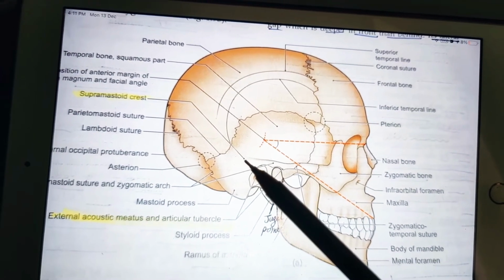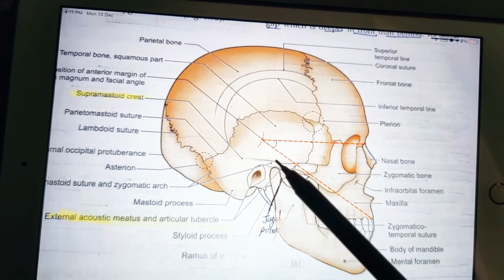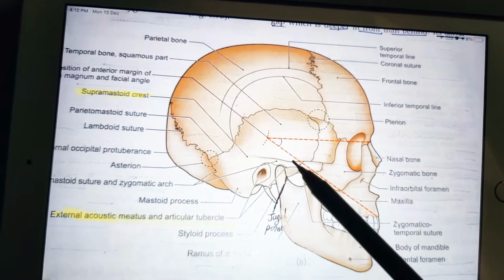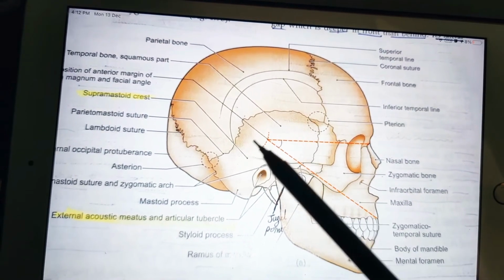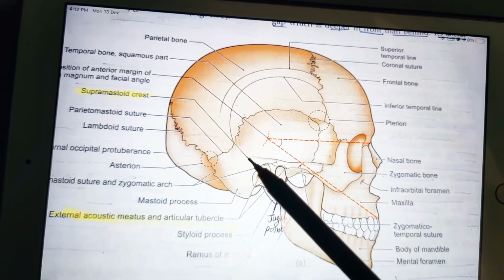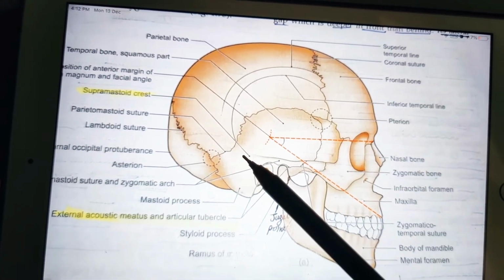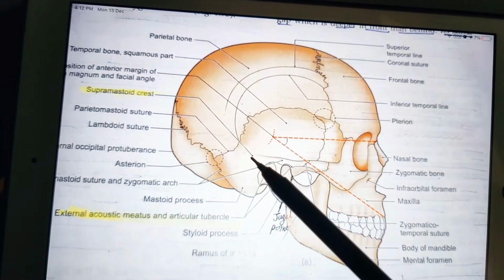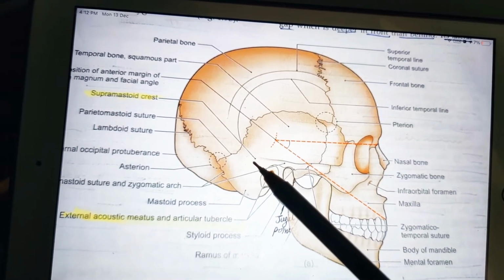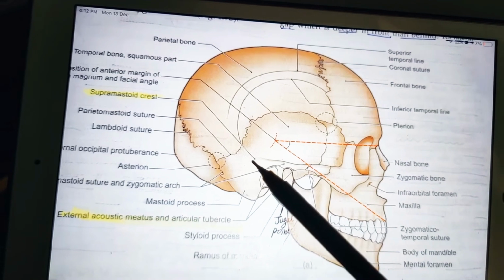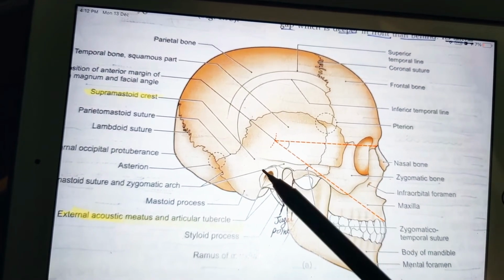You can see here, this is the supramastoid crest, which is continuous here with the zygomatic arch of the temporal bone. So this inferior temporal line will be continuous as the supramastoid crest.